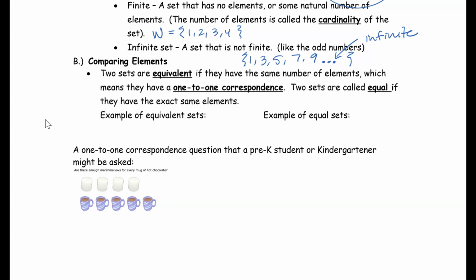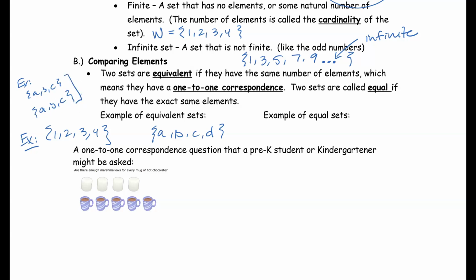For example, the set 1, 2, 3, 4 and the set with A, B, C, and D are considered equivalent. We can also say that set A, B, C is equivalent to itself, so it can be the same. These are equivalent, and these two down here are equivalent.